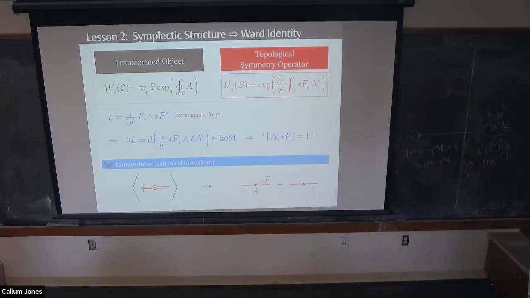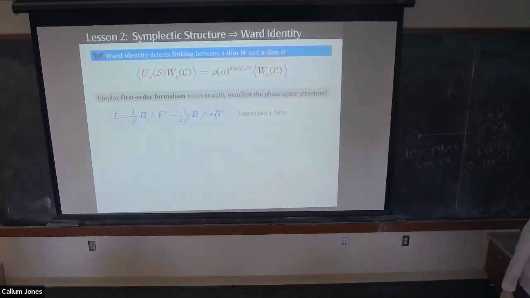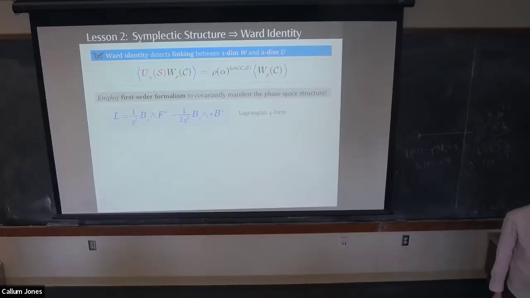So with this insight, let me employ the first order formalism to more manifestly, I mean covariantly, exhibit this phase space structure. If you integrate out the B field, the auxiliary field, you retrieve the usual F squared Lagrangian of Yang-Mills theory. In this case, the symplectic structure is just given by B dA, which is kind of like p dx.